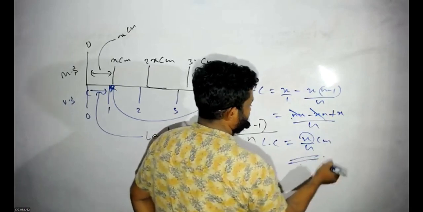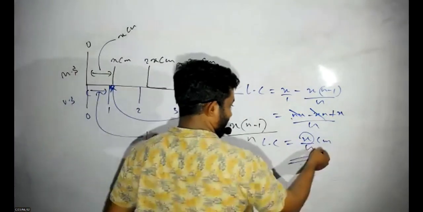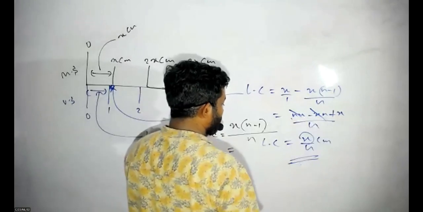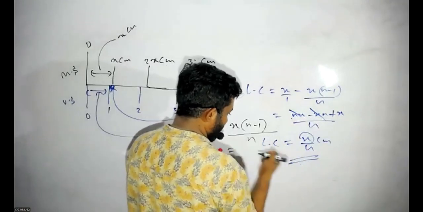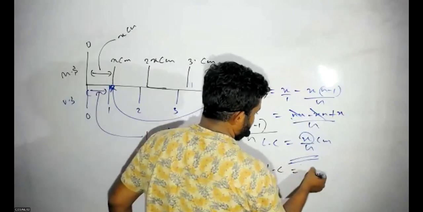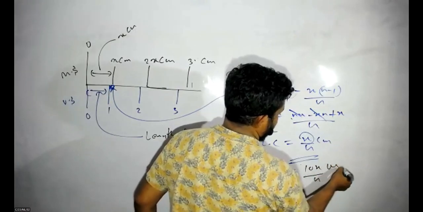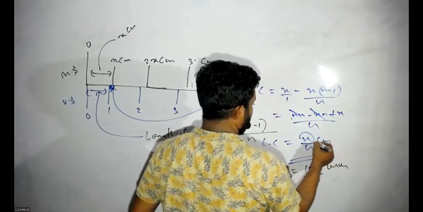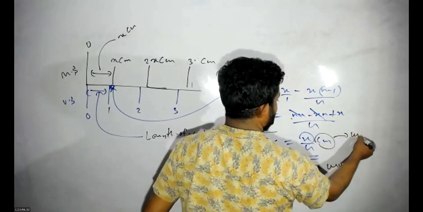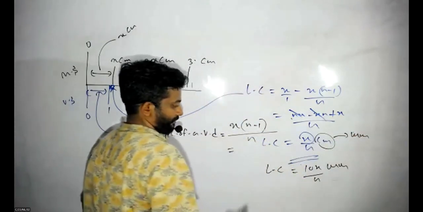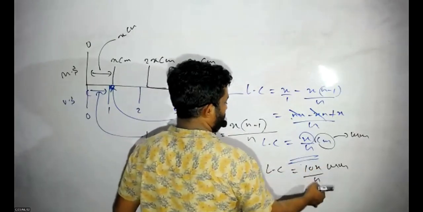This one is the least count. This one is in centimeters, right, Puti? Then you need to convert this value into millimeters. That is, least count is equal to 10x, you have to multiply by 10, no? So you have to convert this centimeter into millimeters, right? Answer is 10x over n.